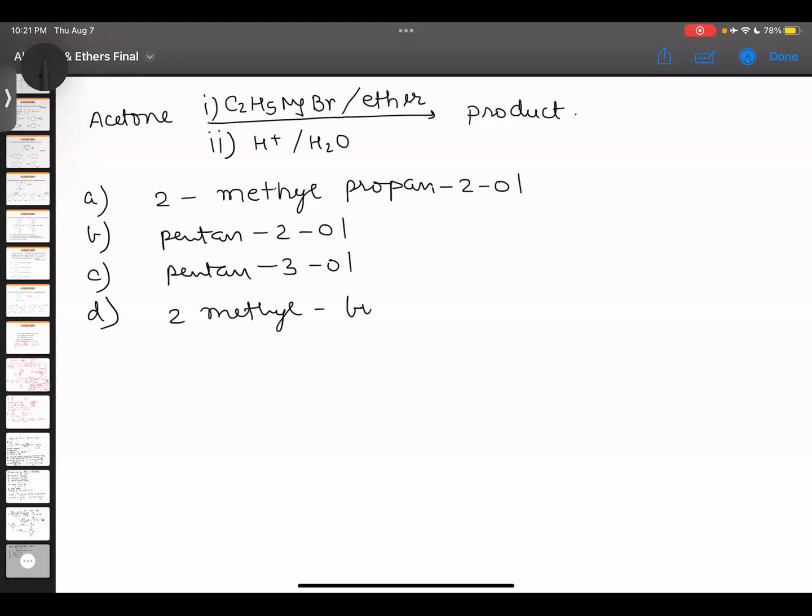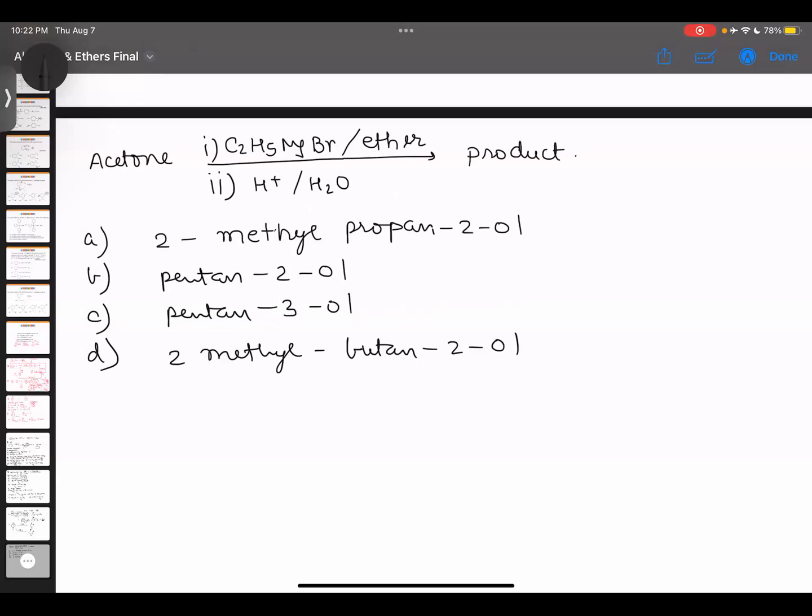2-methylbutan-2-ol. So what should be the right answer?